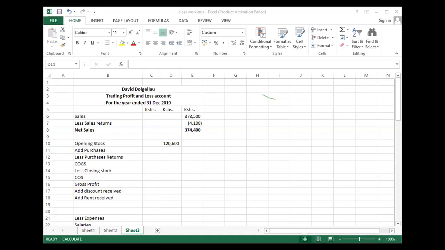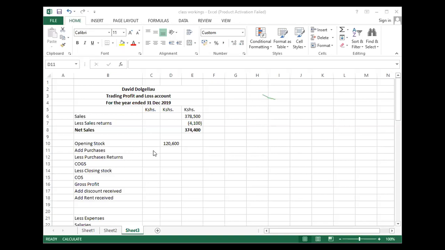Don't use the T format. Good. We put that on the second column. You must be able to note that.